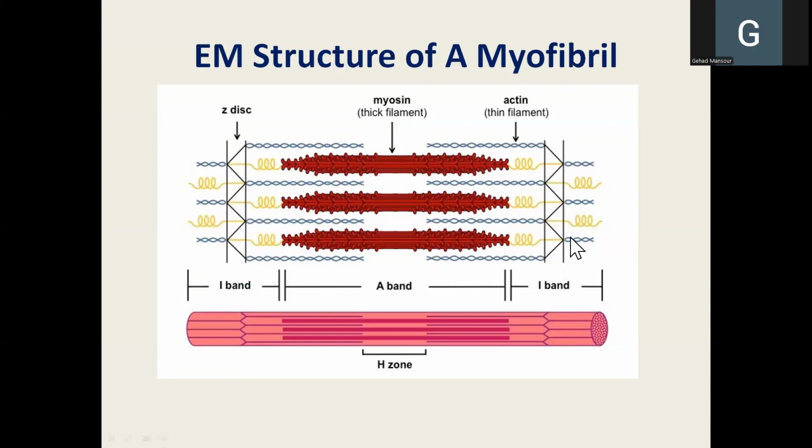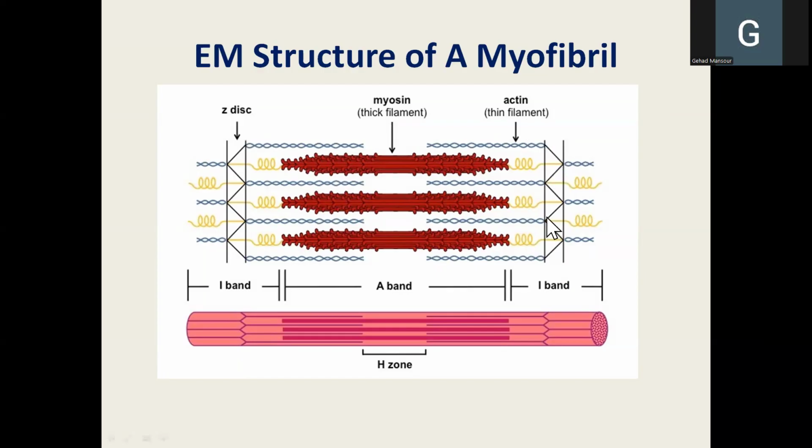So you're going to talk about the sarcomeres, and the sarcomeres are the functional unit of a skeletal muscle or a cardiac muscle, meaning that every sarcomere alone can carry out the function of the whole muscle.